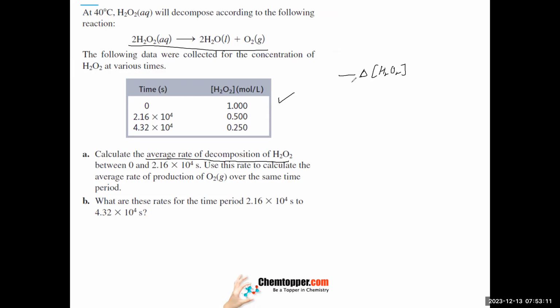It's the reactant, it's decreasing, over delta T. Between this time and this time, the average rate. So what is it? Keep this minus, 0.500 minus 1.00 divided by this minus this, the total time.